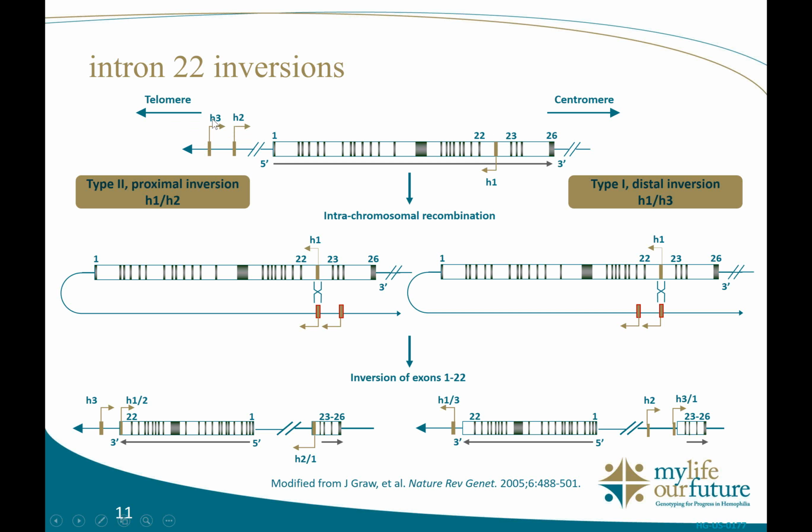It has been reported in hemophilia, and it's not been reported really in the population database. So it's possible that this individual has an abnormality in both the factor IX and factor VIII gene. And these are the kinds of things that the My Life, Our Future project has allowed us to delve into.